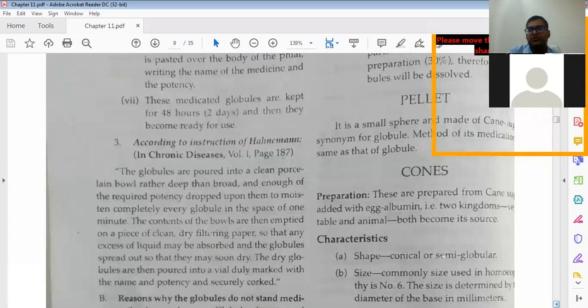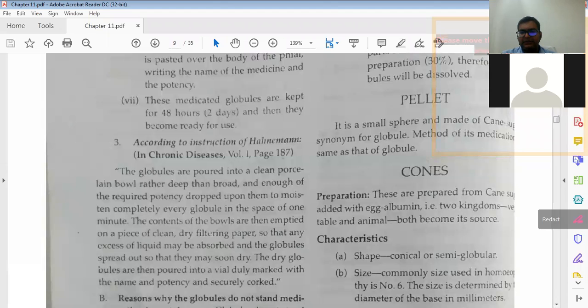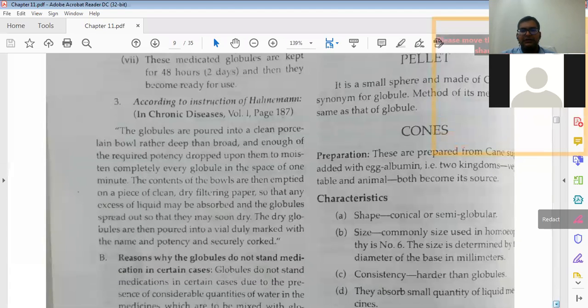Next is the cones. If I tell you it is very much important, I'm not telling wrong. Many times I've seen it in question papers, they come as a short note. So what are cones?